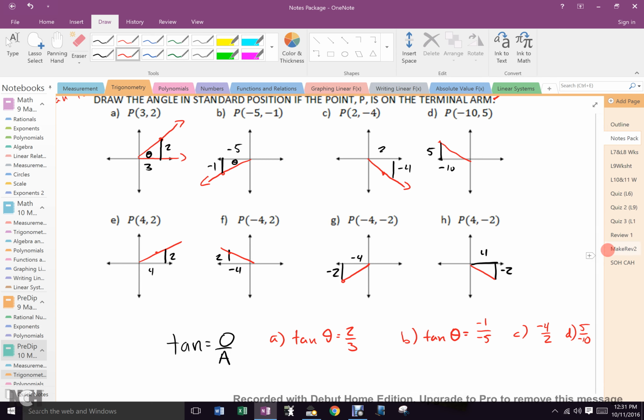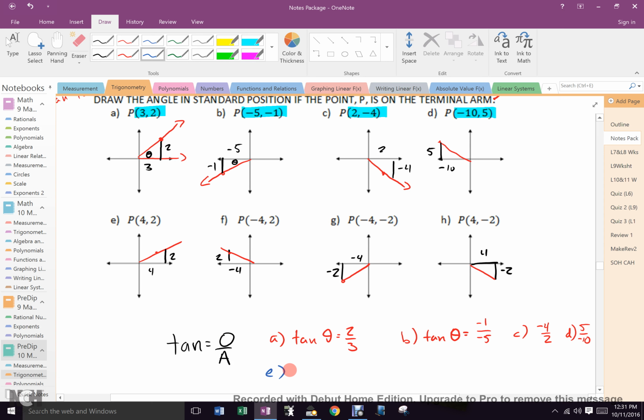Now, please look at what I am about to highlight. What is the connection between my coordinates, my opposites and adjacents, and my tangents? Tan is not only opposite over adjacent. If the angle is in standard position, what else is tangent? y/x.